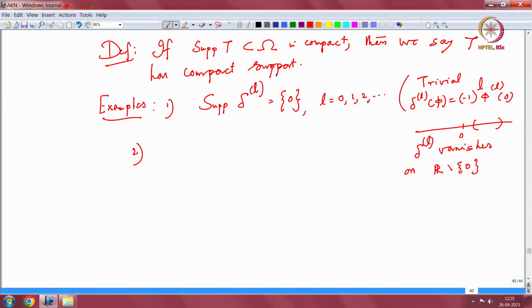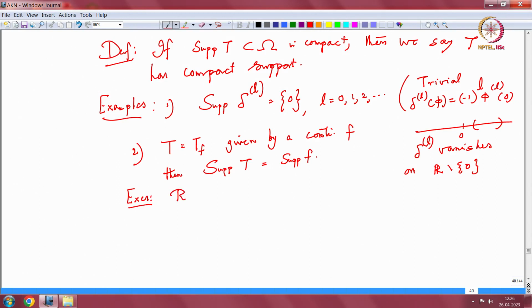Two, suppose T is given by a continuous function f. Then the support of T is equal to the support of the function. So, you see, as a function you have the definition. This is a small exercise.